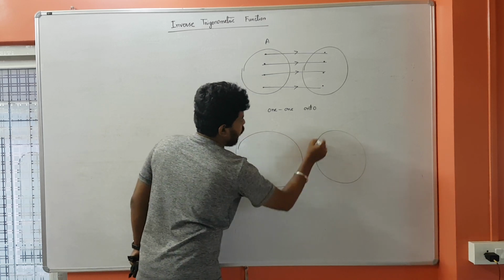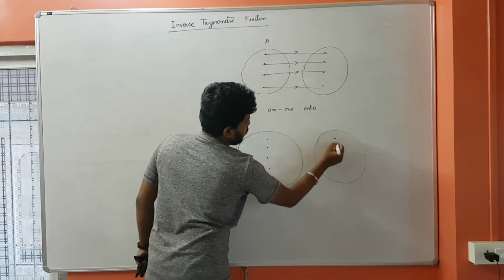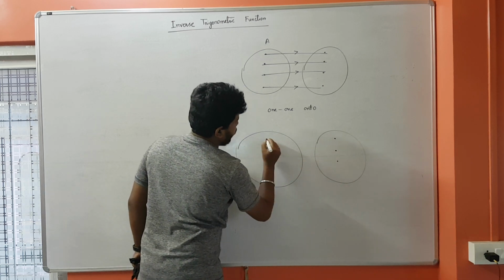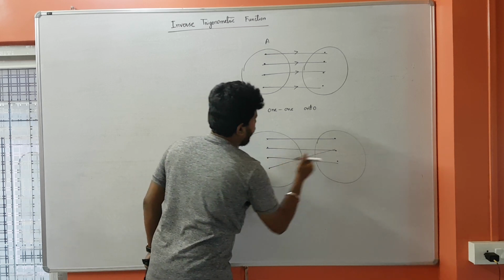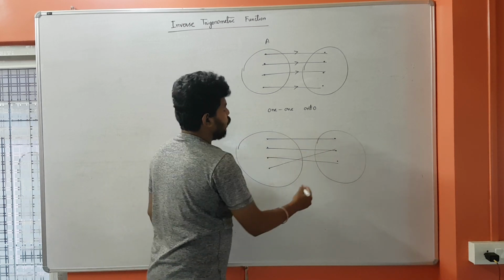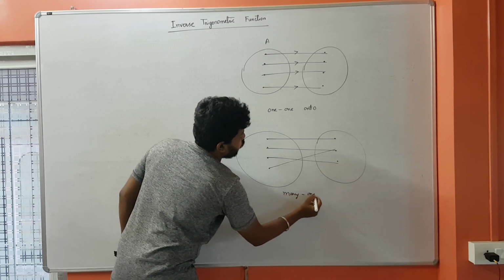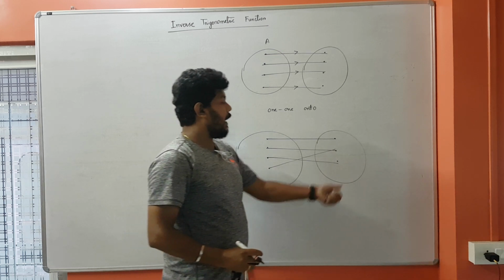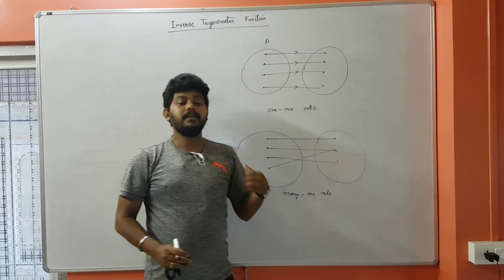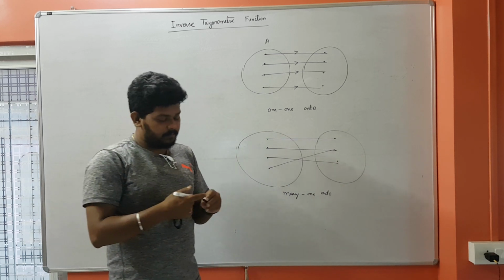This is an example of many-one and onto. Many-one and onto function. Onto means when the entire set B participates in range formation, we call it an onto function.